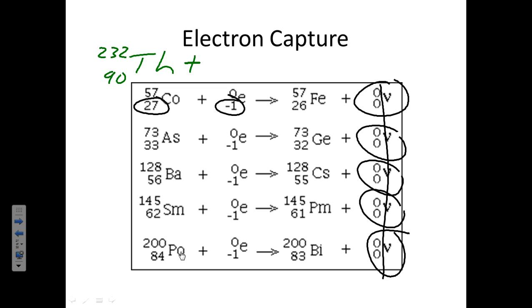So if it's an electron capture equation, you've got to show thorium-232 capturing an electron. Add up the numbers. 232 plus 0 is 232. 90 plus -1 is 89. You look in the table, and you find element 89, which is actinium.